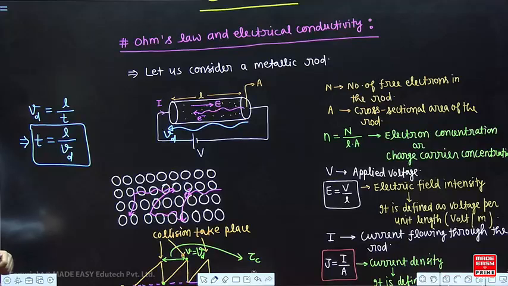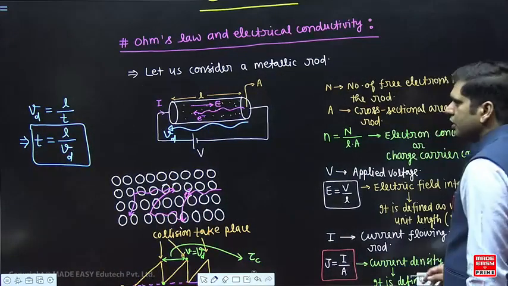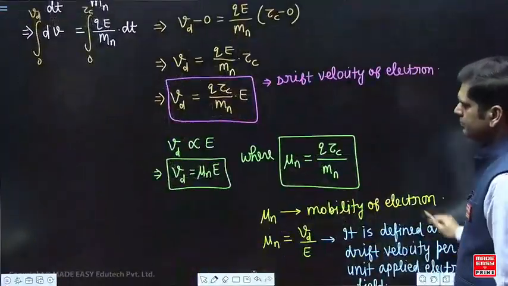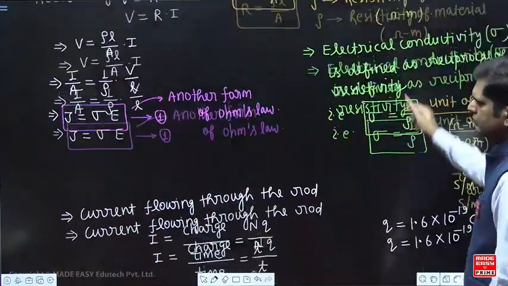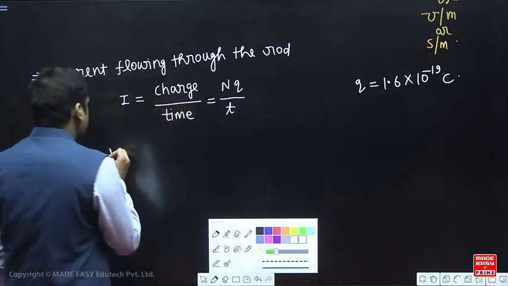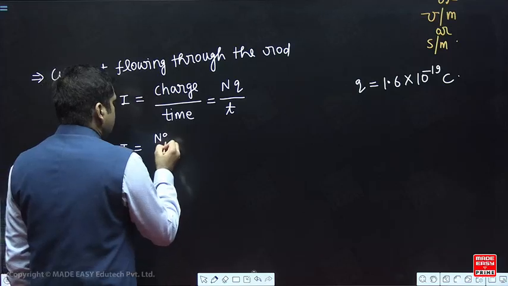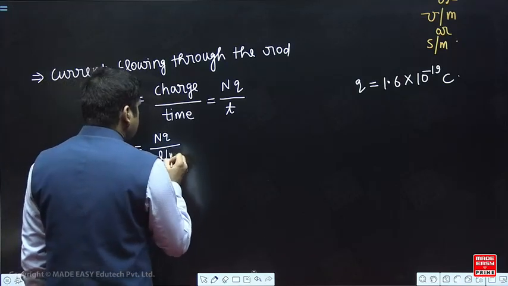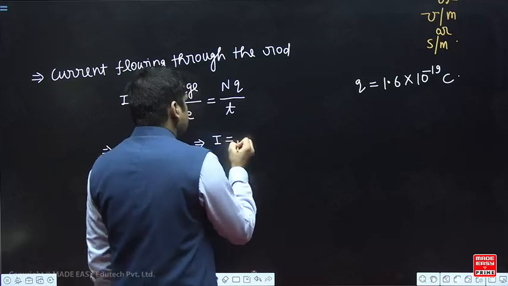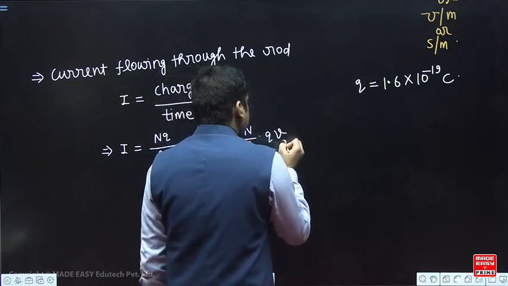Length upon drift velocity. So let's put this value of time. So we have I is equal to nq upon L by Vd. So this comes out as I is equal to n by L into q into Vd.